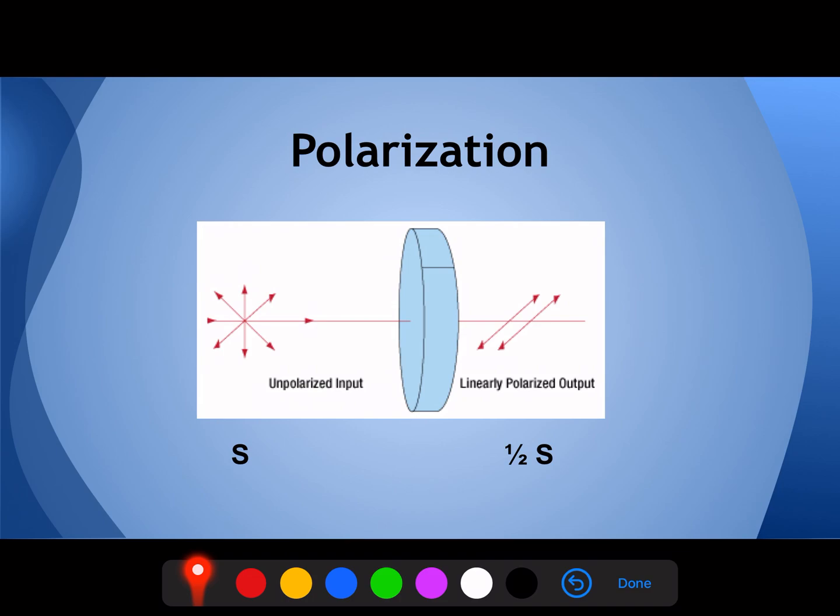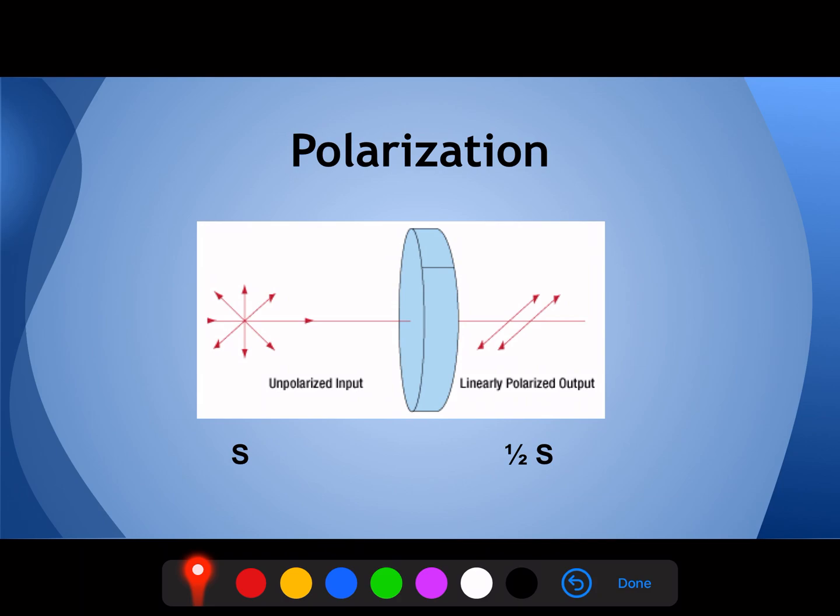As the light propagates through space, if it enters something that we would call a polarizer, for example, your sunglasses may be polarized, and this could be an example of a polarizer. And there are other such polarizing filters. When it comes out on the other side, effectively it will be what we call linearly polarized, and the intensity that we receive on the other side is only half of what it was to start with.